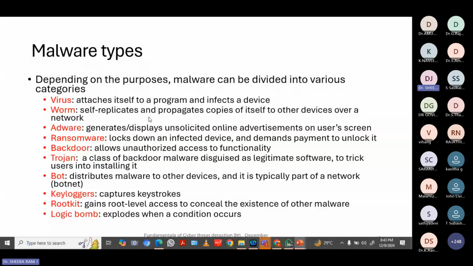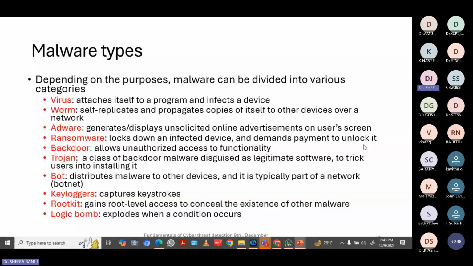Adware generates or displays unsolicited online advertisements on the user screen. So this is called adware, advertisement, right? Ransomware locks down an infected device and demands payment to unlock it. These are all malware types.